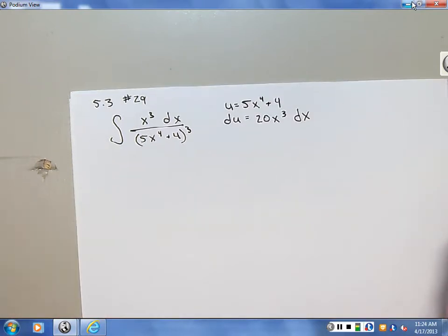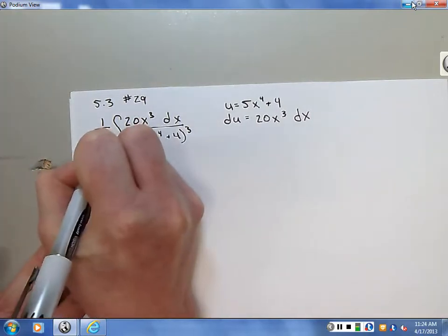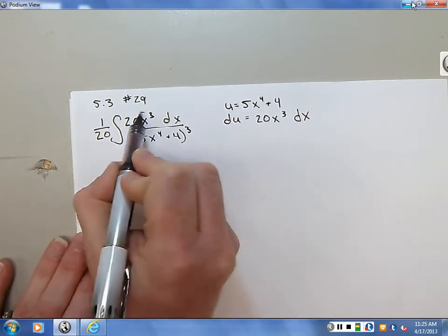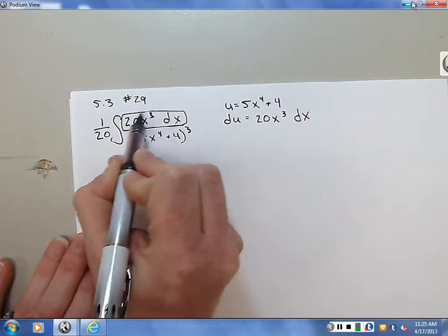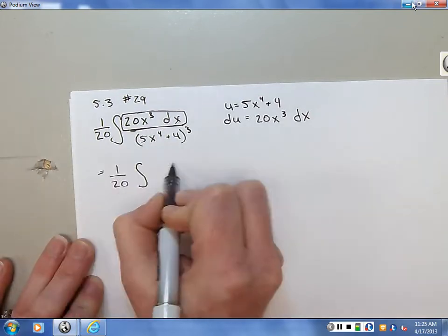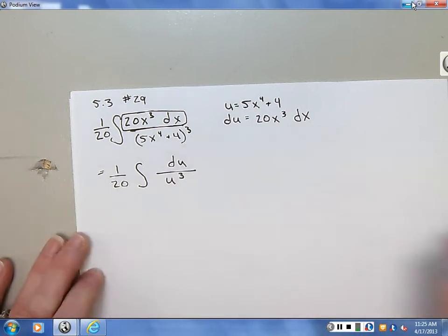So I have two options here. One option: I could really use a 20 here. So if I use a 20 there, I have to divide by 20, and I'm fine. Then this is exactly du. So I have 1 over 20, the integral of du divided by u cubed.